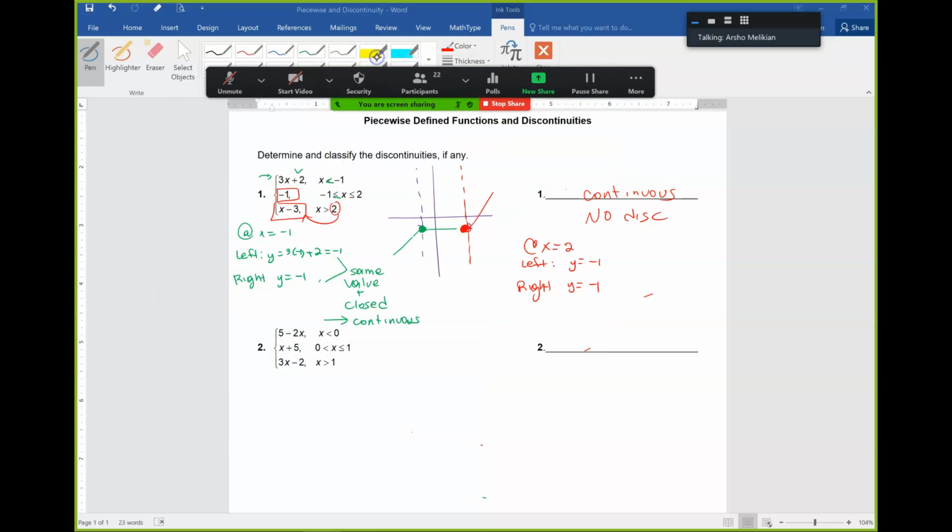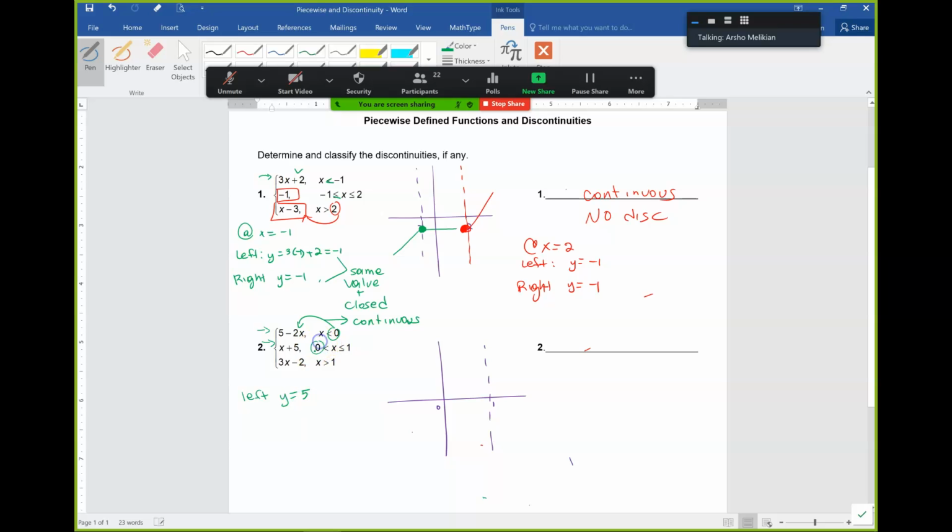Okay, and then here, take a look at this one. I've got, again, two partitions. One is at x equals 0, and the other one is at x equals 1. So I'll make that x equals 1, and this is x equals 0. Okay, so which graphs meet up at x equals 0? It's the first and the second. So I say, okay, from the left, plug in 0, y equals 5.